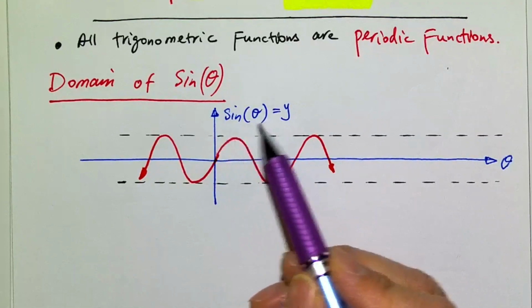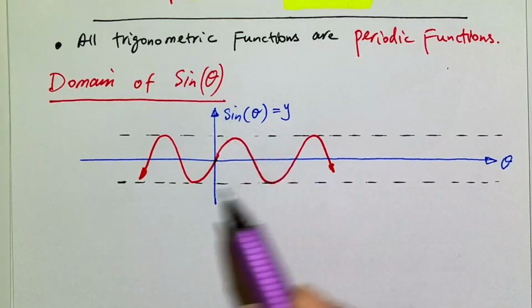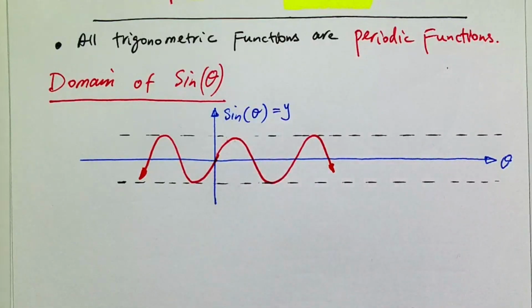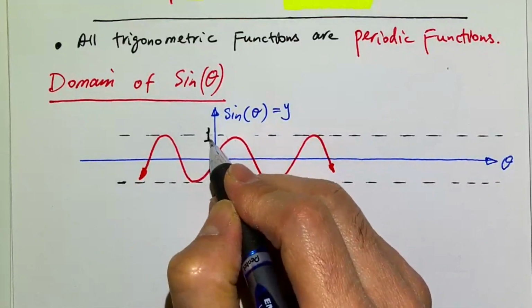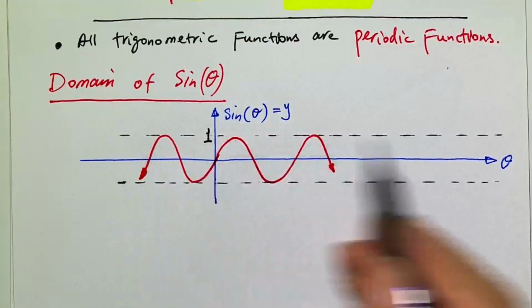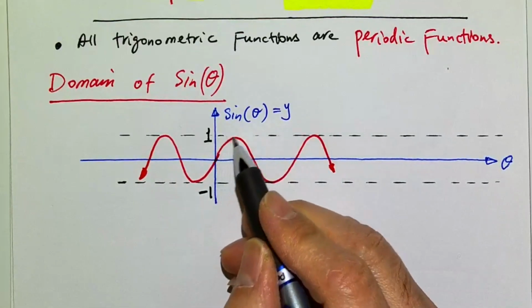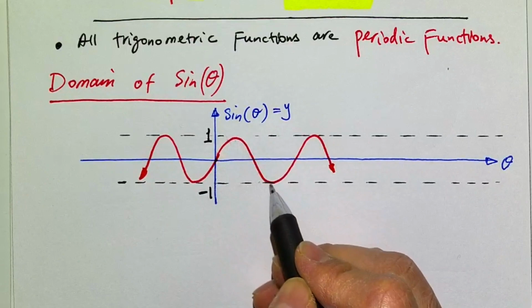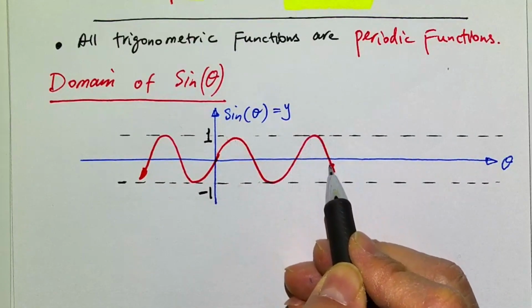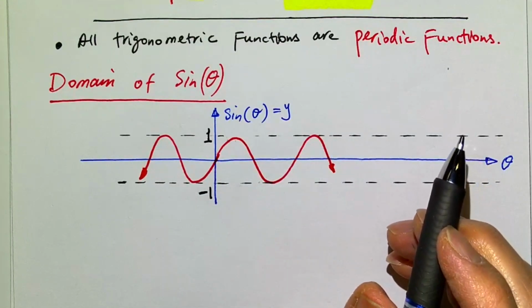For example, the basic sine function, which you see here, varies between 1. That's 1. That's why I drew my dashed lines. And this is negative 1. So it'll go up to 1, come back to negative 1, and go back up to 1, and so on and so forth.